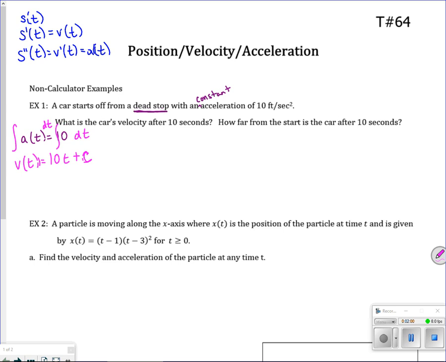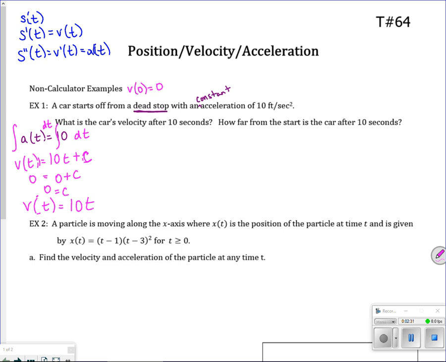You have to put in that constant of integration. Now the fact that it's a dead stop means that the velocity at 0 is equal to 0. If he stops, then at t equals 0, he has no initial velocity. Even though you might think, well, that's stupid, I have to show that, yes, because every time you integrate, you've got to make sure you put that constant in.